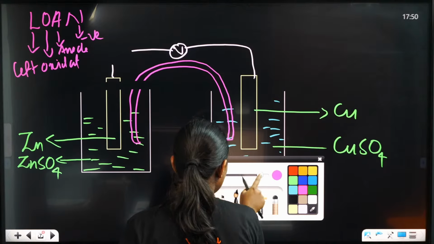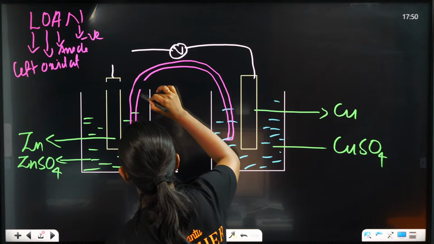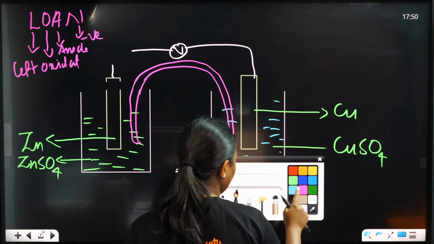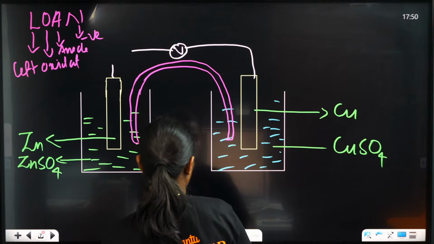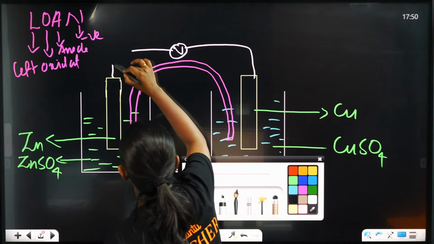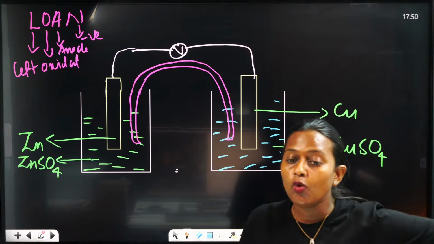Salt bridge. So this is the salt bridge, this is another electrode, and this is my connector, the connecting electrode.